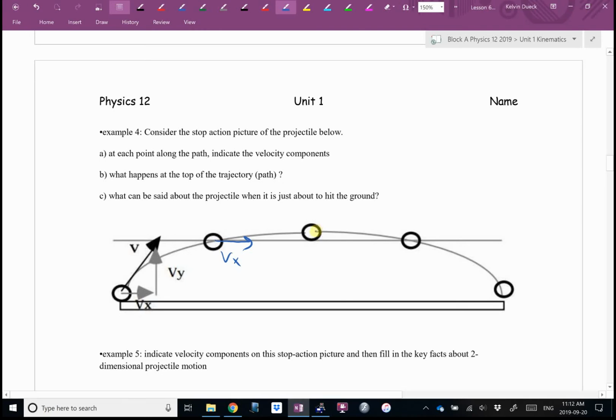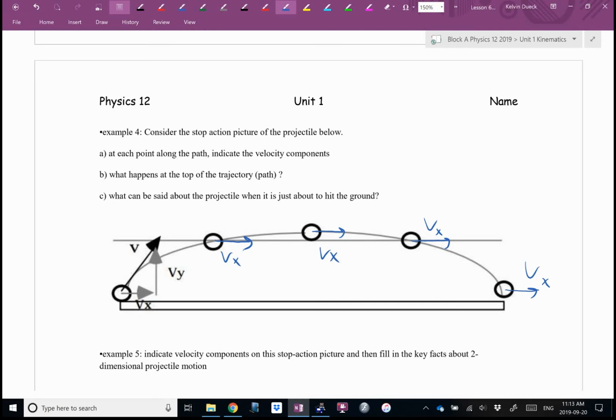I'm eyeballing it, but I'm trying to make it the same length as that one right there. So that's what you want to try and do on your paper. Because the horizontal component doesn't change. If I were to draw a Vx right here, it would be the same length. The horizontal component of velocity doesn't change because horizontal acceleration is 0.